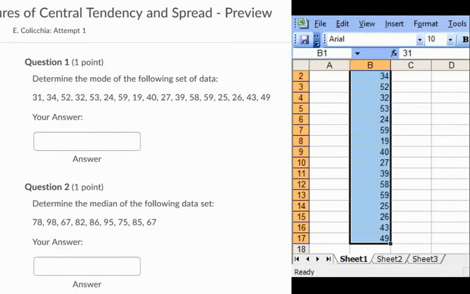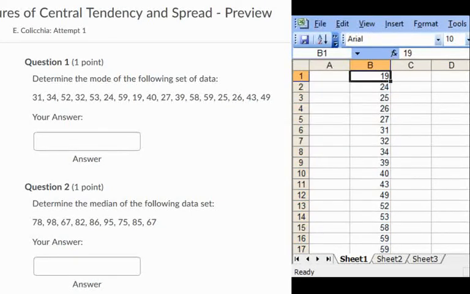And what I can do now is organize this from the smallest to the largest. So I sorted that data. Now, if there's a number that occurs a second time, we'll be able to see it right next to it.